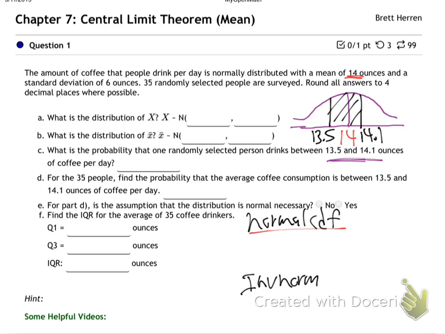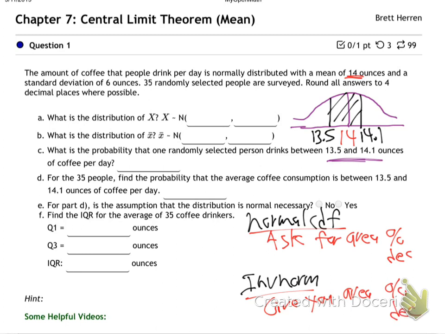Normal CDF is when they ask for an area or a percentage. Yeah, area, percent, or decimal. And an inverse norm is when they give you an area, percent, or decimal. Exactly. So which one are they doing on this? Are they asking me for an area or giving me an area on this picture here?